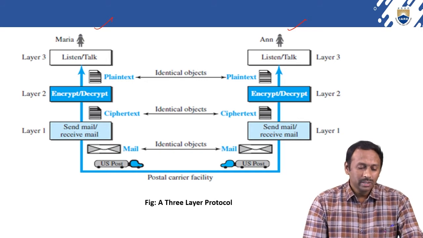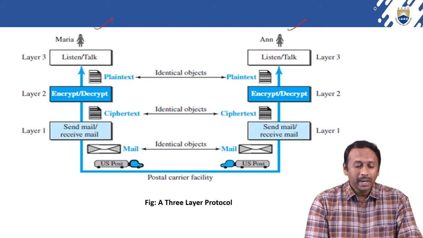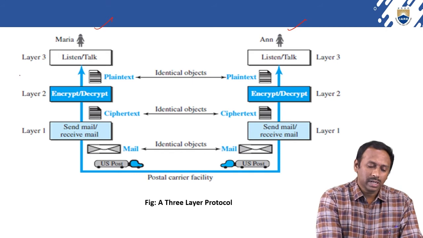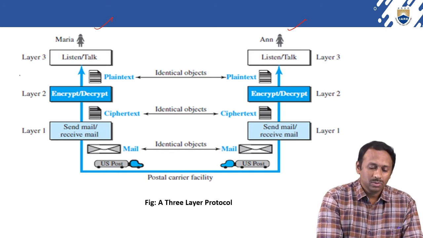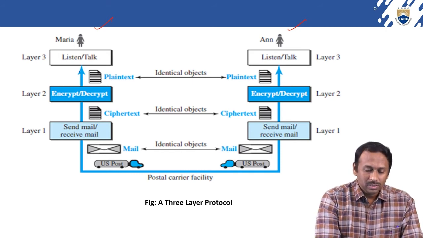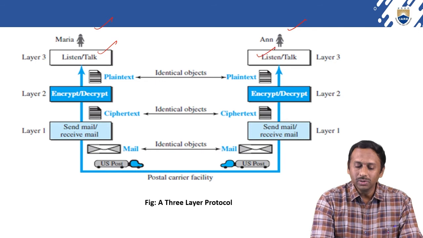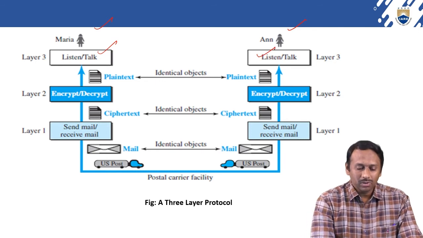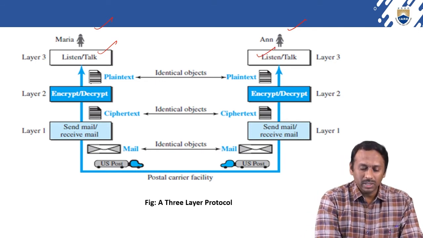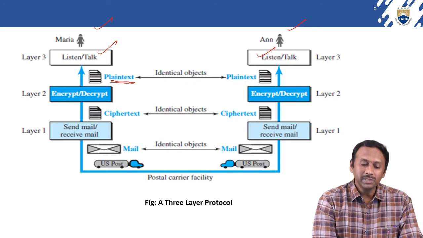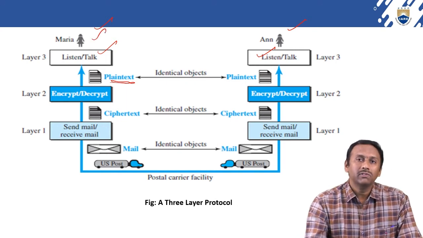Now Maria is going to transmit a letter. So how is it going to be handled? Here Maria is going to talk, and when Maria talks, Anne is going to listen. Initially it will be plain text.